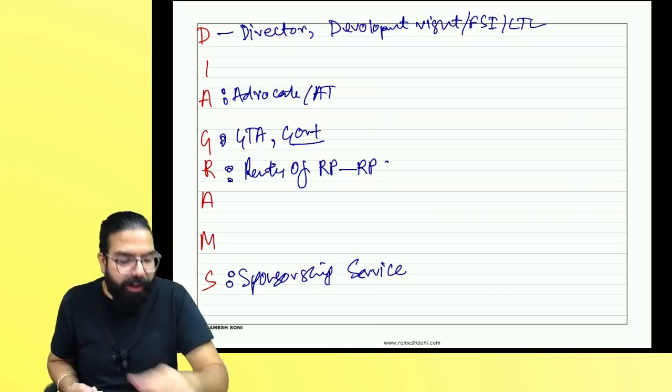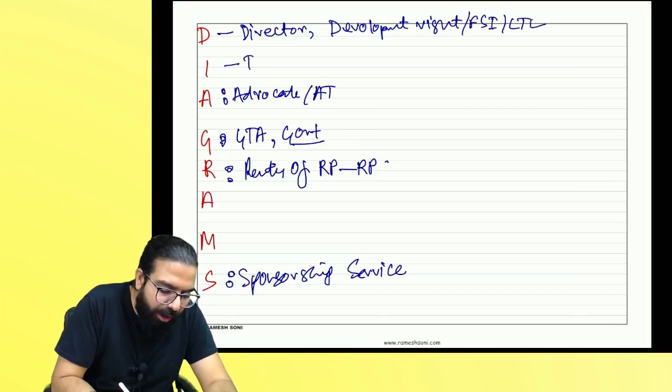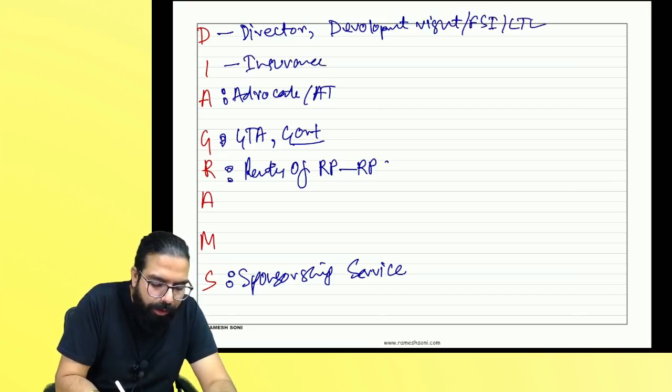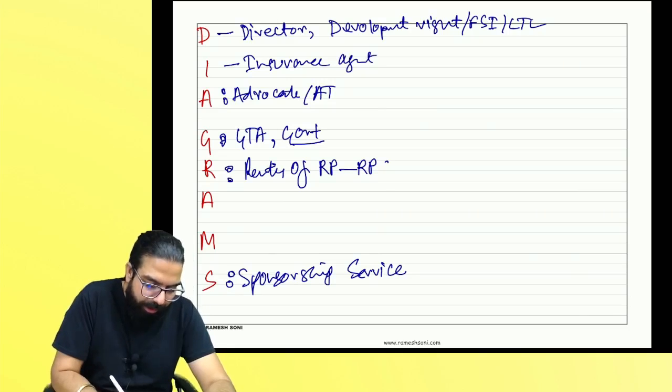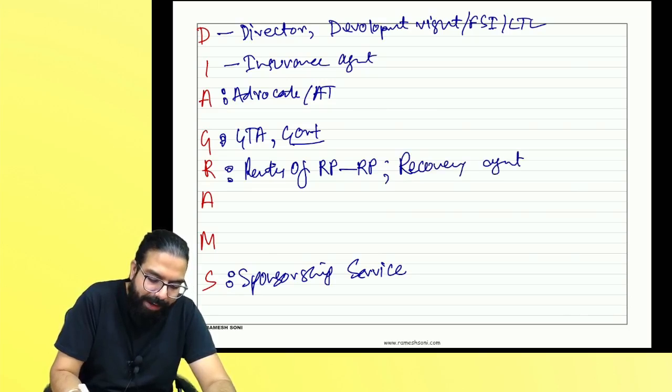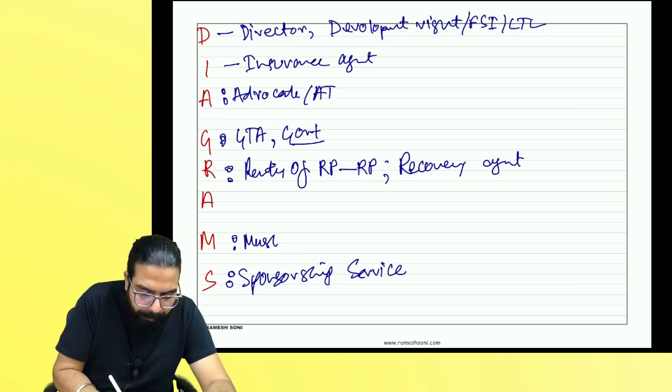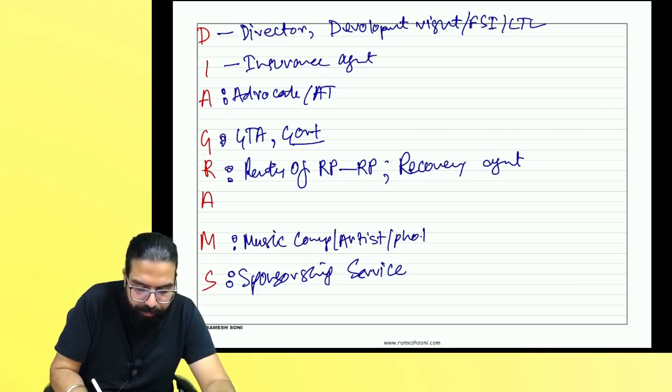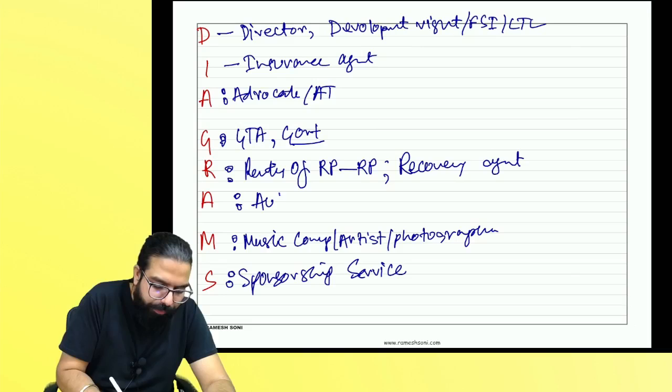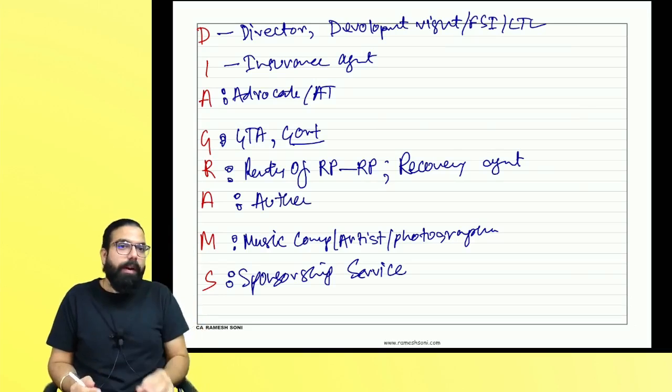What is the next one over here? After director, I for insurance agent. The next one over here is R for recovery agent. Then M for music composer, artist, or photographer. The next one over here is author. The next one, everyone, direct selling agent.